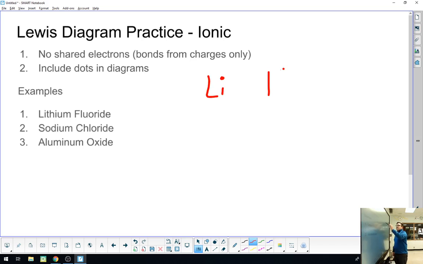Lauren, how many valence electrons does lithium have? 1, fantastic. And how many valence electrons does fluorine have? 7, absolutely. So we're going to do 1, 2, 3, 4, 5, 6, 7.